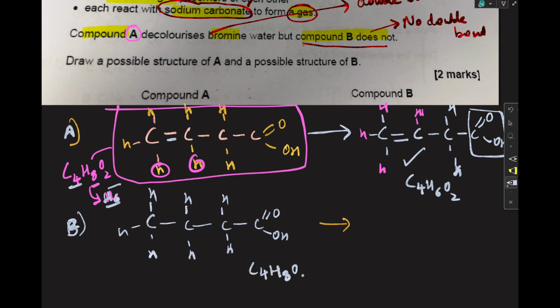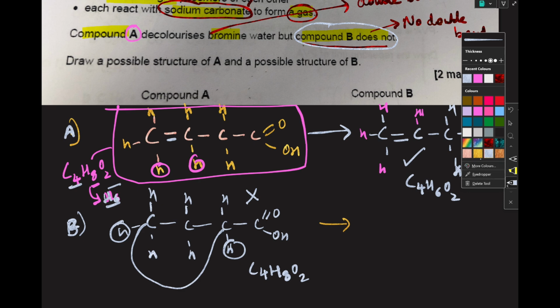Now for compound B, again the molecular formula is C₄H₆O₂. So you cannot have this as your structure, and this does not decolorize the bromine water. It says here clearly that compound B does not decolorize bromine water, so we can't take that. So what can be the other possibility without a double bond in the structure is that you remove this hydrogen and you remove this hydrogen and connect this carbon with this carbon and make a cyclic structure.